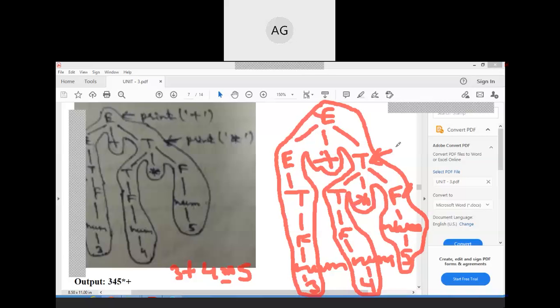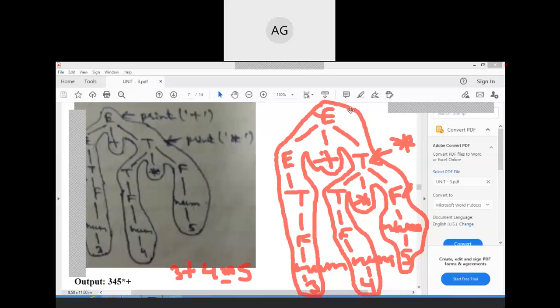So here I am going to print its value, because in the production, as we already saw previously, T produces T dash into F, the action taken is print into. So I print the multiplication sign here, and now I am moving upward.